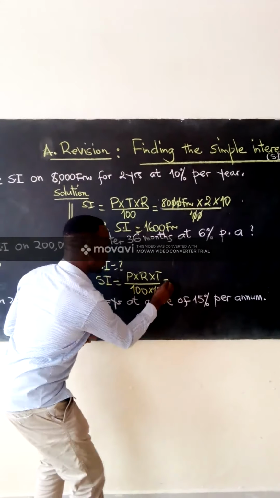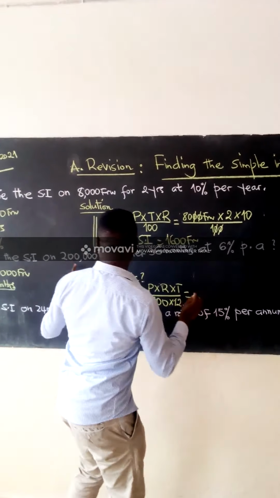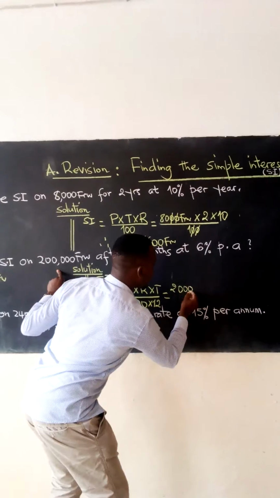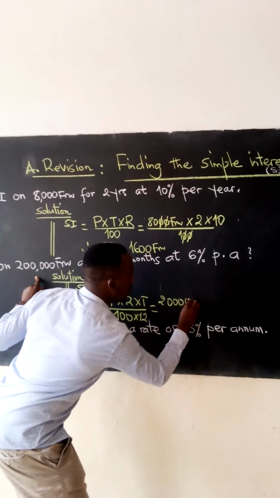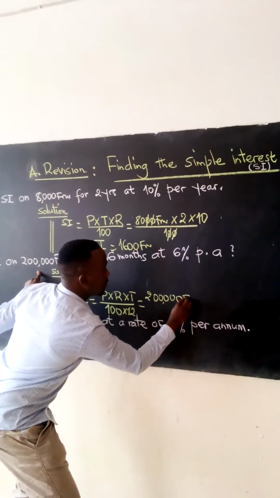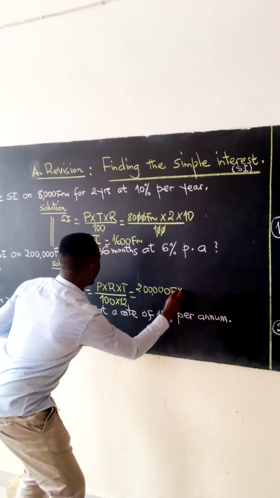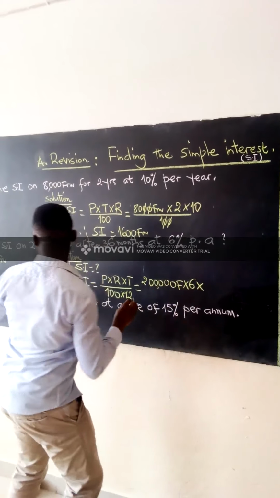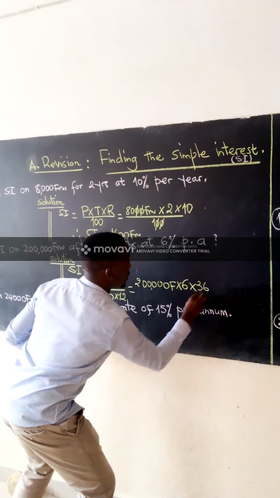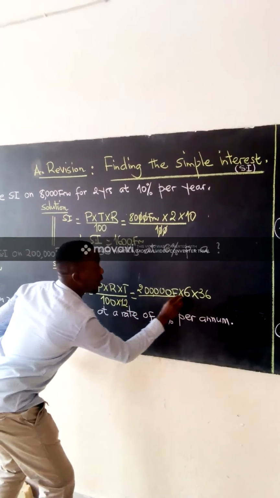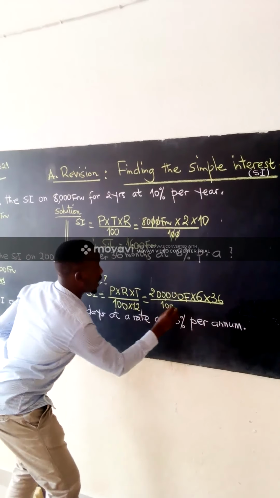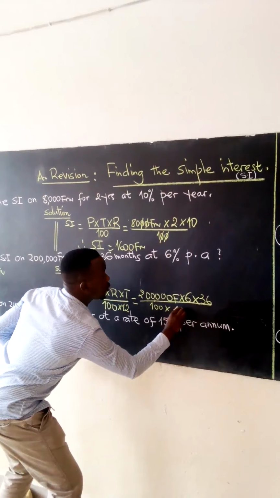To have the principal is 200,000 francs, like this. Times rate is 6, times the time is 2, over 100 times 12.